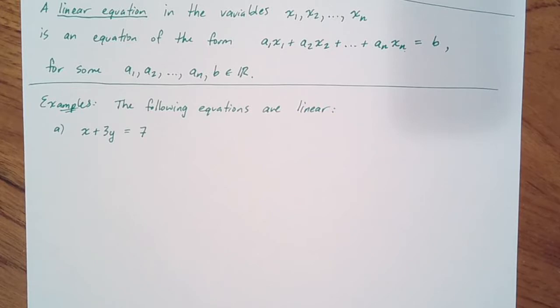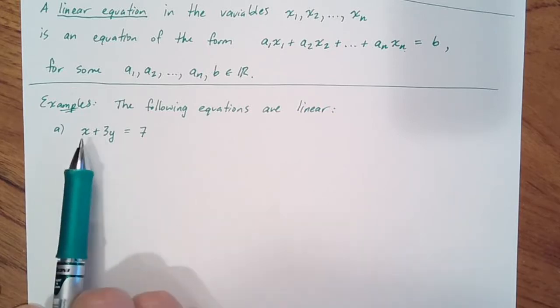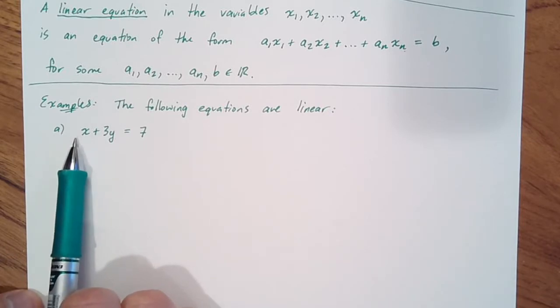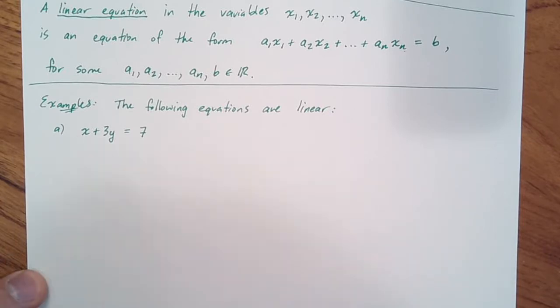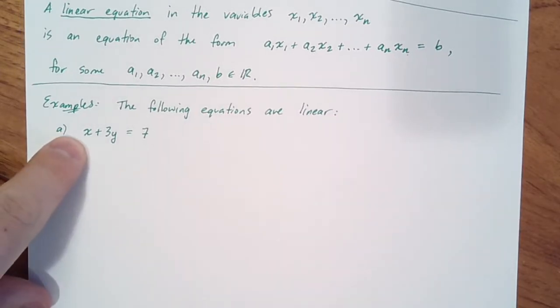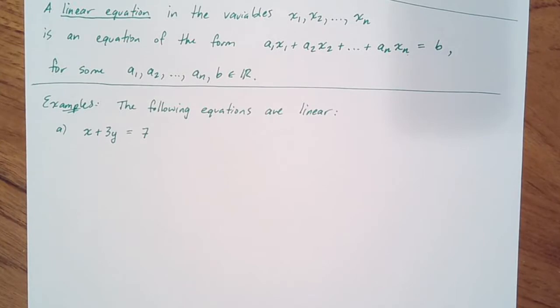Actually, no. It's totally fine if nothing's written there, because all that means is that the coefficient of x is 1, because I could always just put a 1 there, right? 1 times x is the same thing as x. So if you don't actually see a coefficient written, that just means the coefficient of that variable is 1. So you won't always see them written for that reason. Okay, so that's an example of a linear equation in two variables.